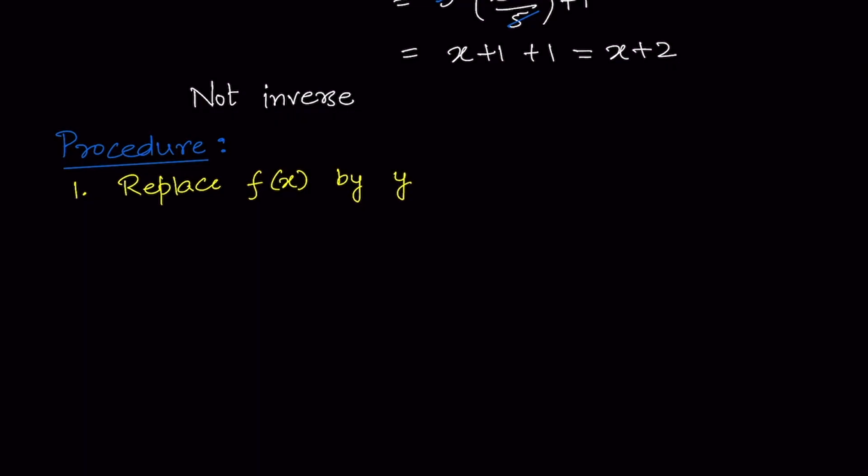If it's given y equals something, we are good. Then we will interchange x and y. In place of x, we will put y. In place of y, we will put x. Interchange x and y. And then we will solve for y.